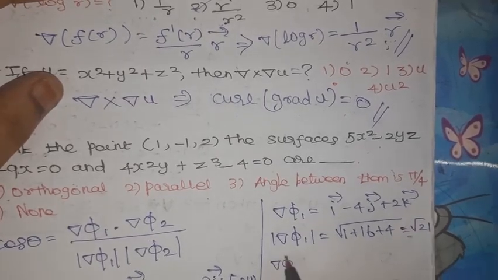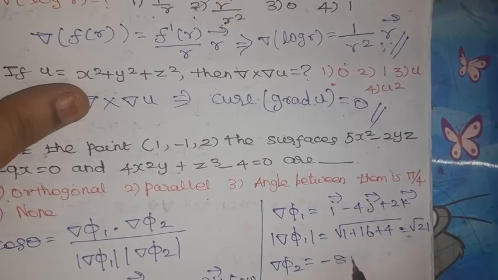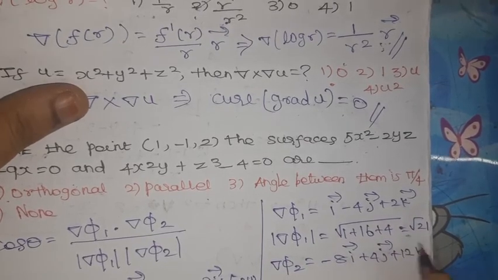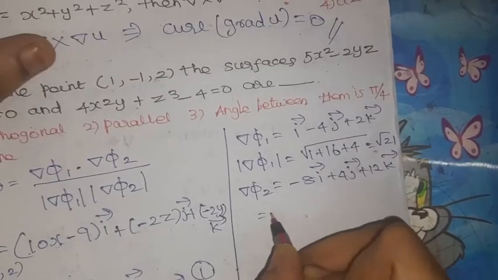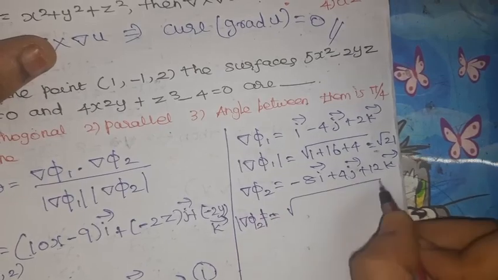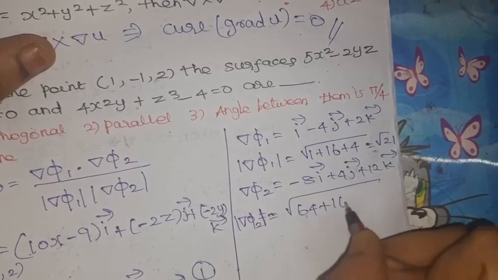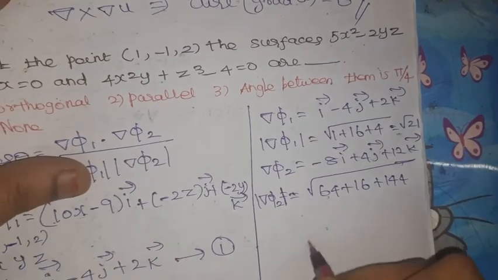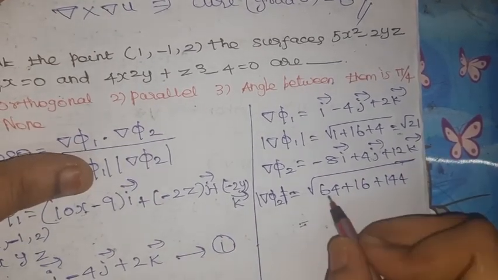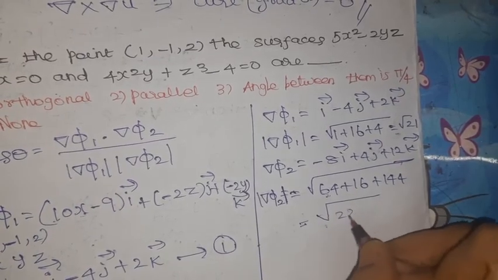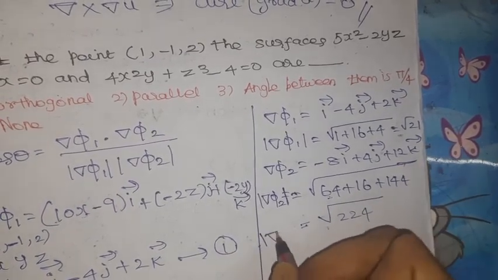Then del phi 2 is minus 8i plus 4j plus 12k. Modulus of del phi 2: 64 plus 16 plus 144, which adds up to 224.